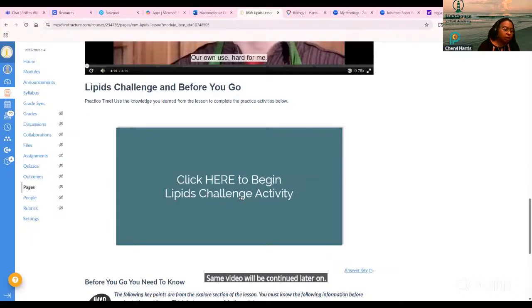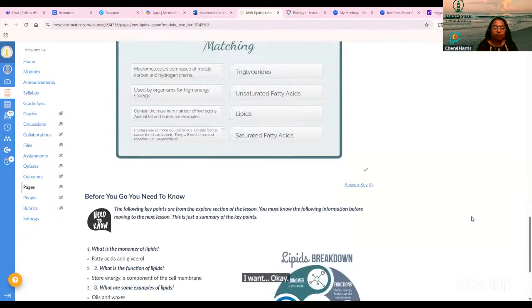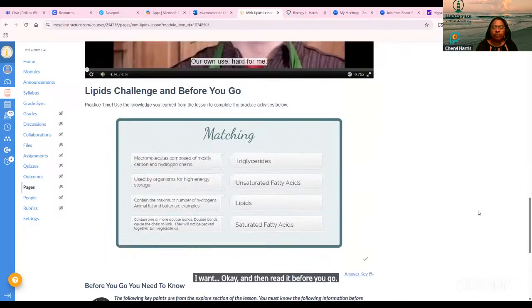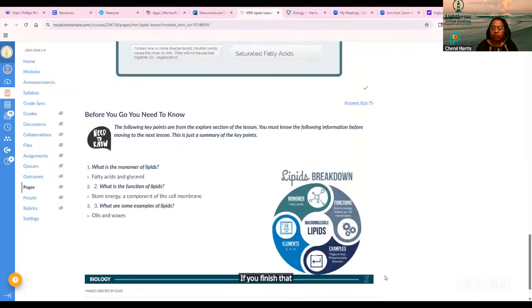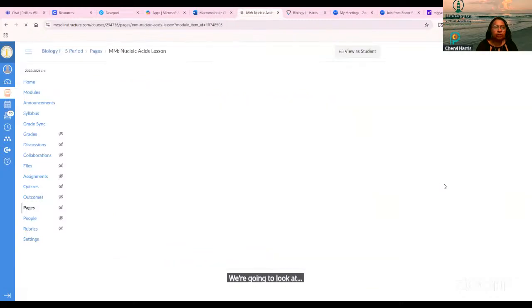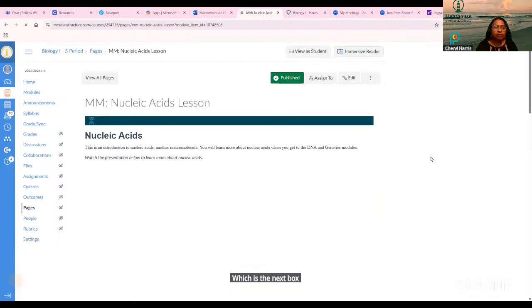All right, so in the time that's left, I want, okay, and then read it before you go. All right, if you finish that, what we're going to do next class, we're going to look at nucleic acids, which is the next box on your chart.